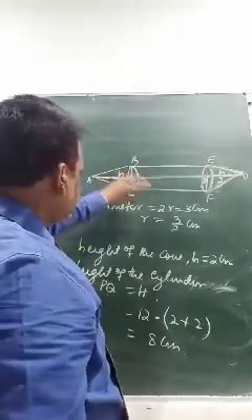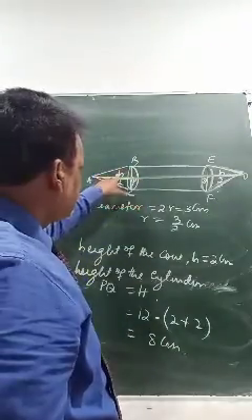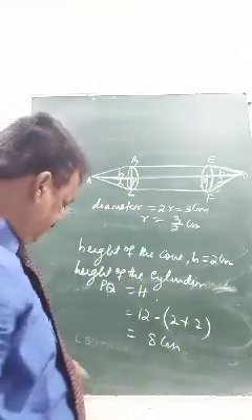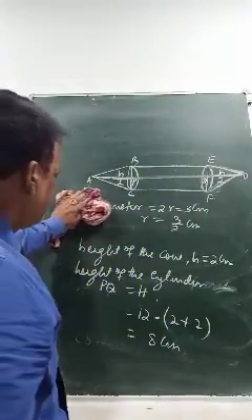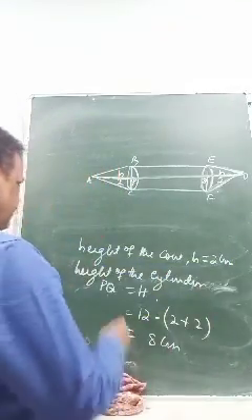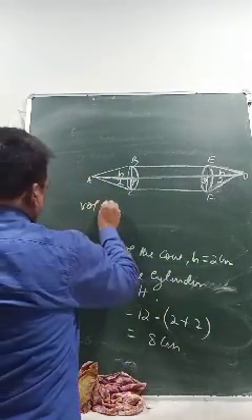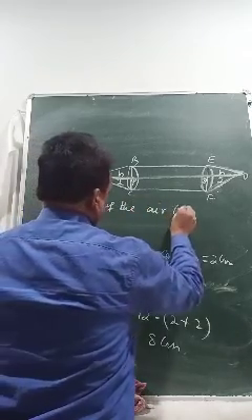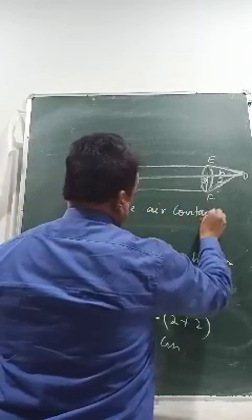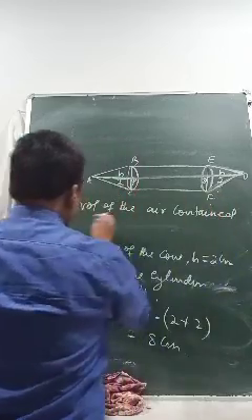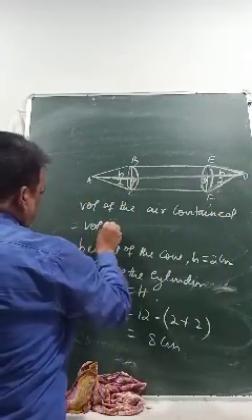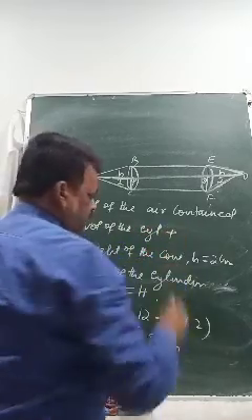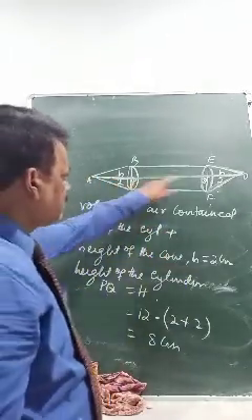Volume of the air contained. Volume of the air means volume in the cone and volume in the cylinder. So volume of both. You can write volume of the air contained equals volume of the cylinder plus volume of 2 cones.